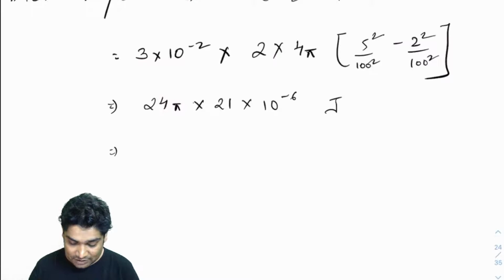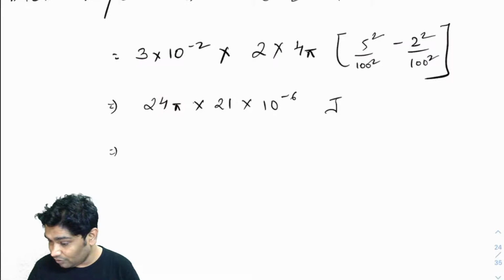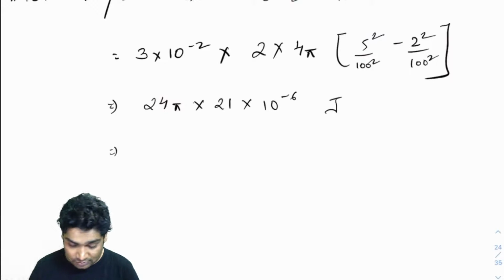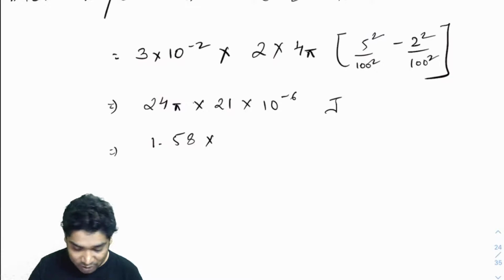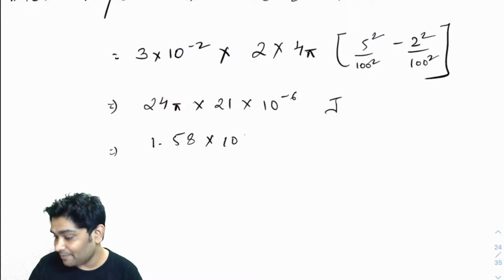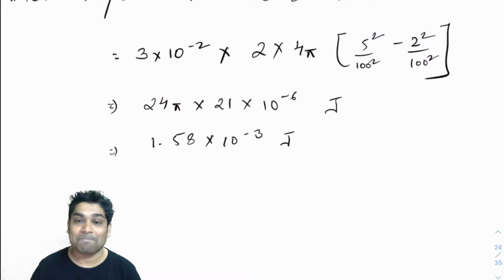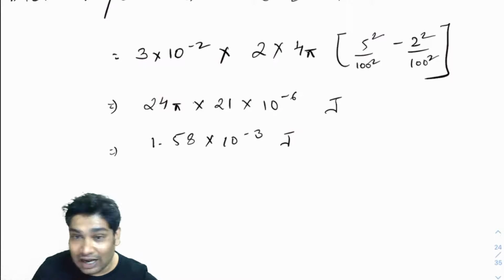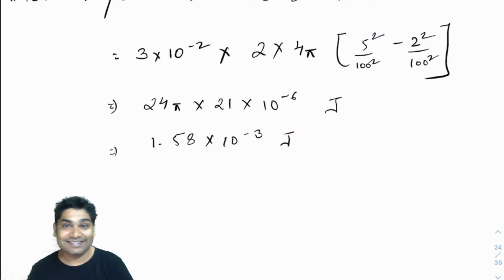Okay, so let's see. What do we have? 24 into 21 into pi. So I am getting my answer as 1.58 into 10 to the power of minus 3 joules. Alright. So yes, Moisha, you gave me half of that answer.